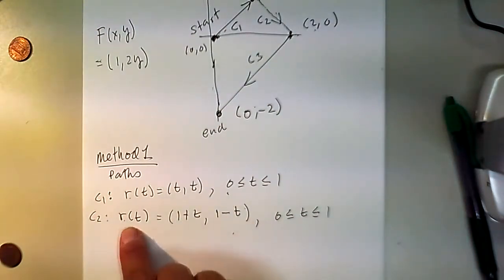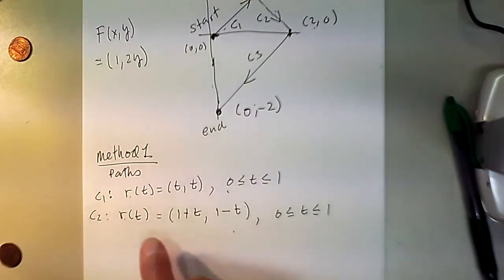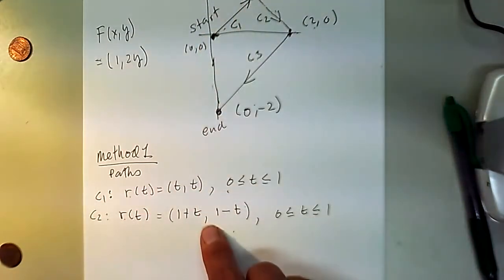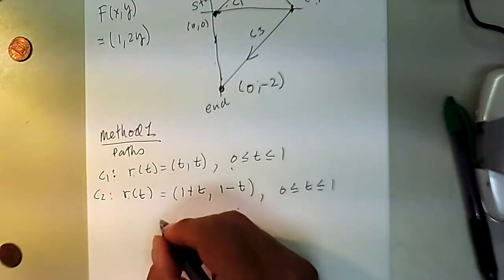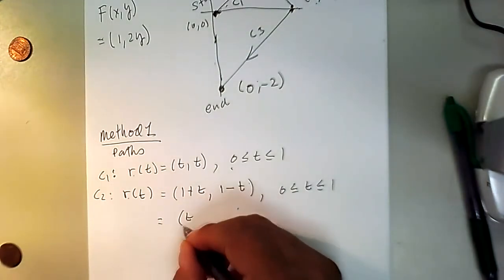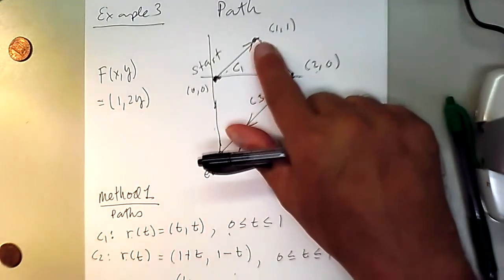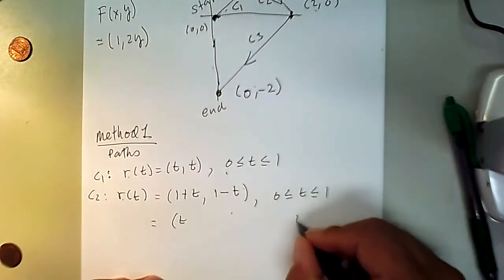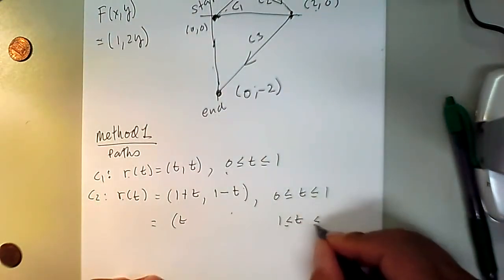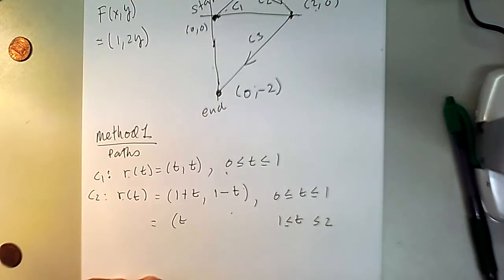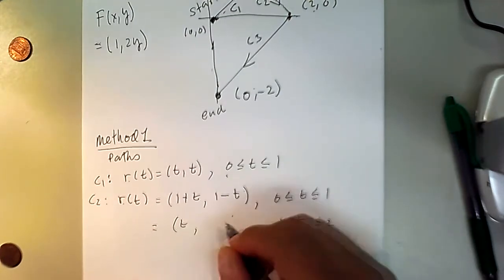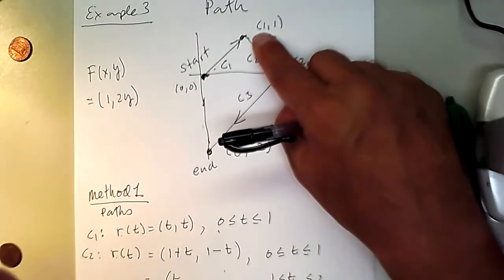Now, this parameterization of the path is not unique. Somebody could say, wait a minute, I'm thinking t, to make it simple, 1 to 2, except that t then is going to run from 1 to 2. And then I have to figure out, well, that has to come down.